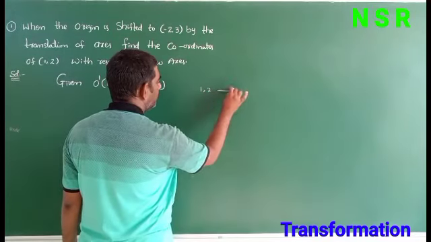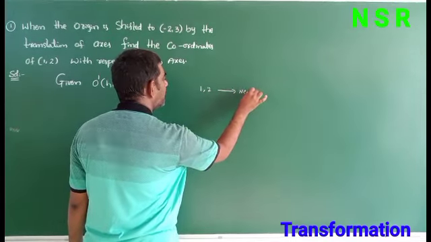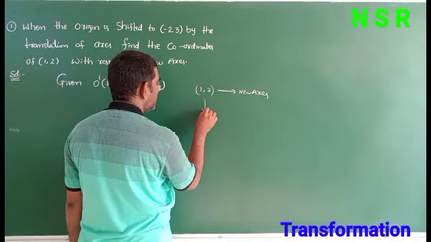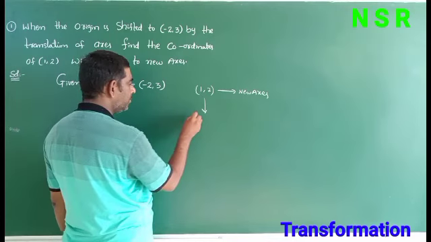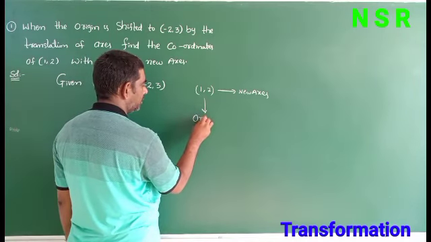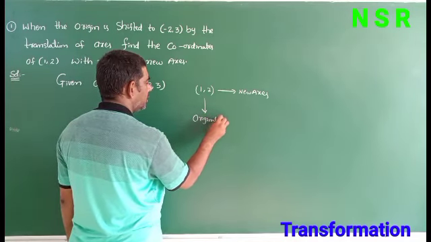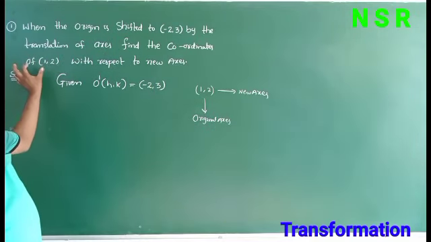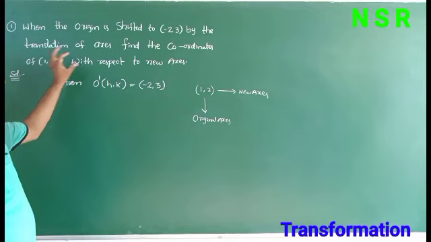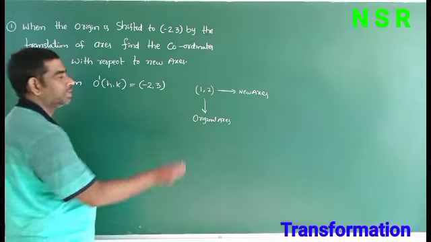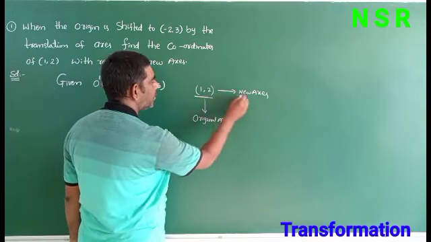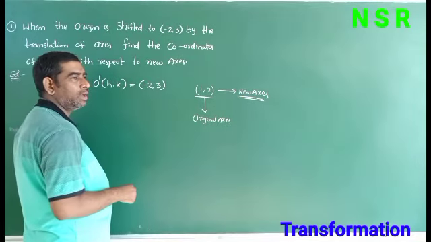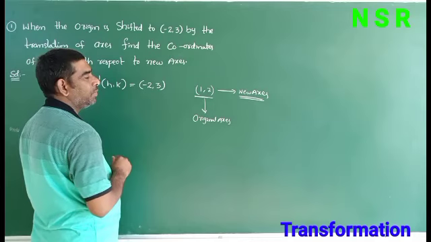(1, 2) with respect to the new axes means this point is in the original axes. Listen carefully. Find the coordinates of (1, 2) with respect to the new axes. That means we have to find the coordinates in the new axes.